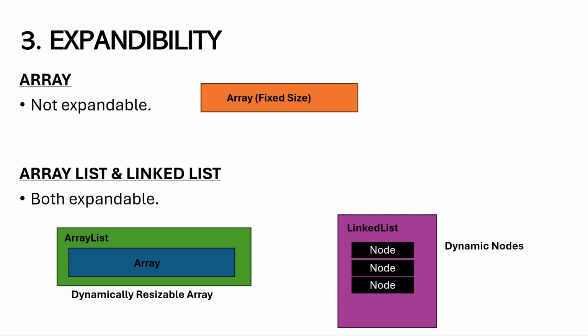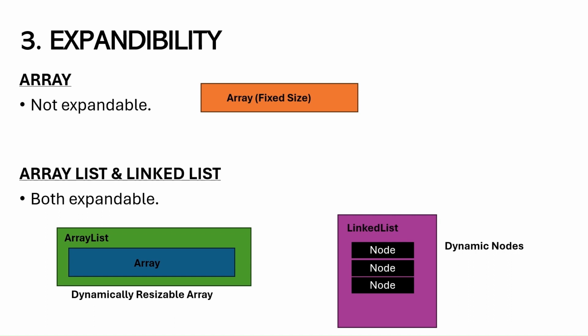So, in summary, what we have learned so far, arrays are rigid, like a fixed size box. But when it comes to ArrayList and LinkedList, they are the superheroes of flexibility, expanding and contracting to suit your data needs.